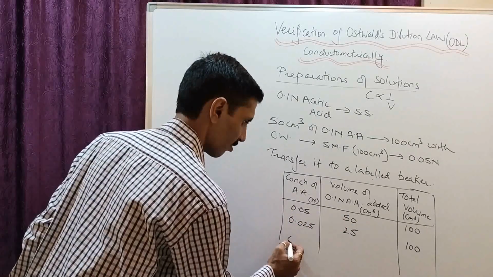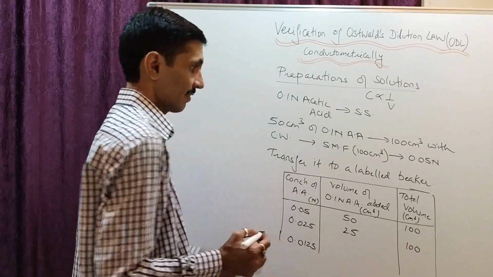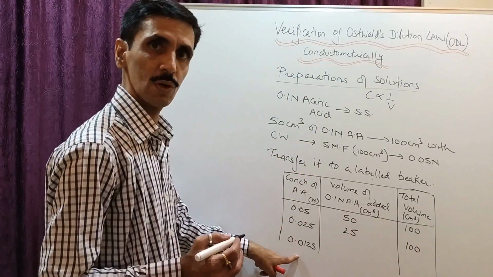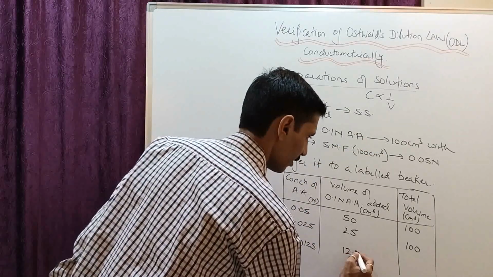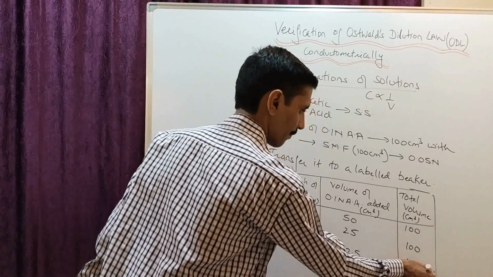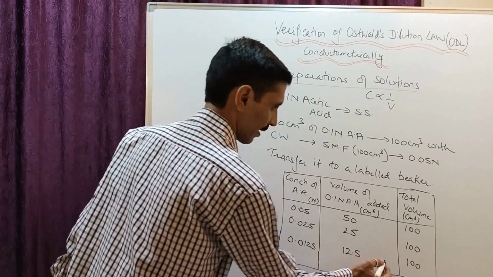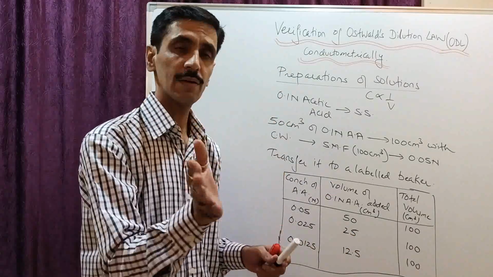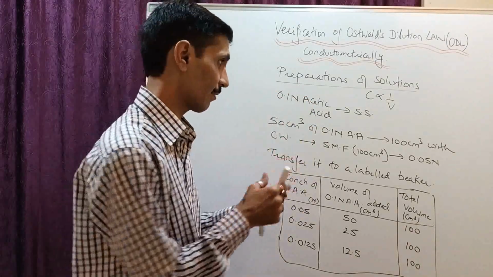और जो तीसरा सोल्यूशन मुझे बनाने का है वो है 0.0125. This is 1/8. इसको डिवाइड बाय 8 करो तो आपको ये मिलेगा. तो 8 टाइम्स डाइल्यूशन. अभी 8 टाइम्स डाइल्यूशन के लिए कितना लेने का हमें, 12.5. टोटल वॉल्यूम is 100 as I said. तो दोस्तों इस तरीके से आपको सॉल्यूशंस बनाने का है and transfer it into the respective labeled beaker using the same standard measuring flask.